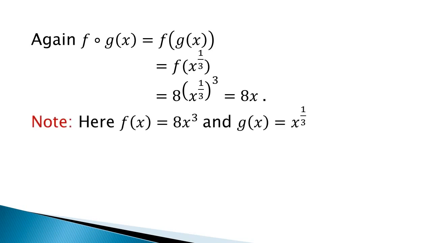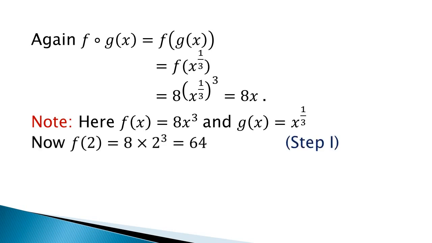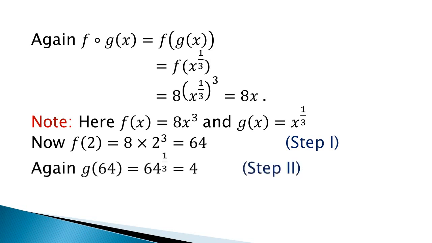Here you can see, by taking one particular example, consider the element 2. 2 is an element from the domain. What is the value of f(2)? f(2) is equal to 8 into 2 cube. Follow the rule of f(x). It is 8x cube. So 8 into 2 cube, and that will give us the value as 64.